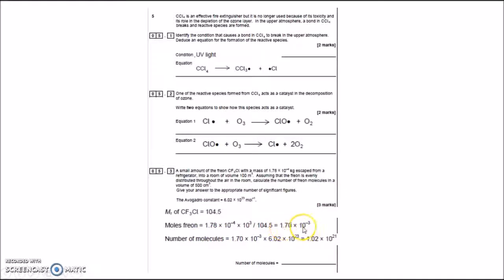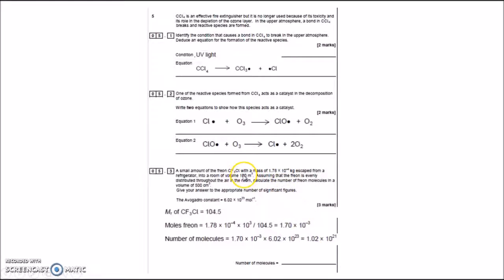So if I multiply that by Avogadro's constant, it gives me this number. This number, 1.02 times 10 to the power 21, is the number of particles or molecules that I have of Freon.